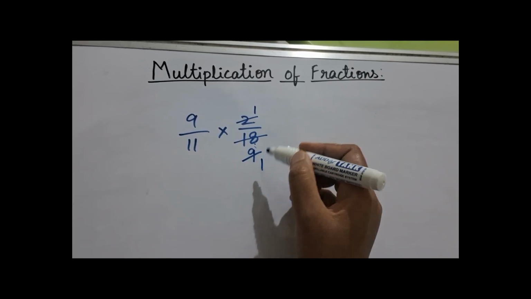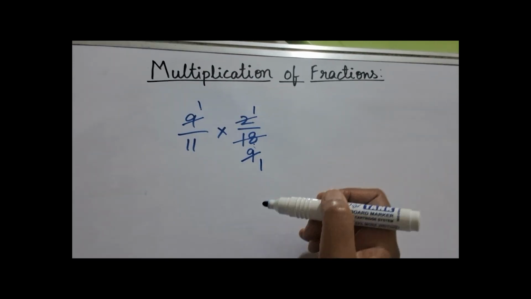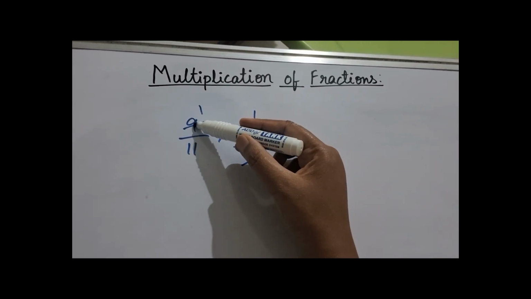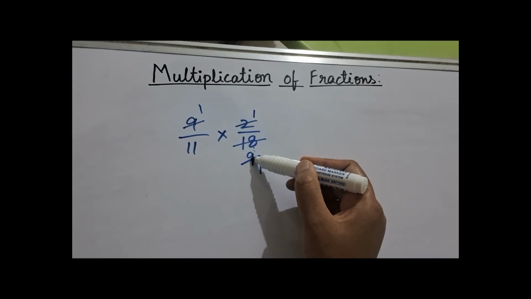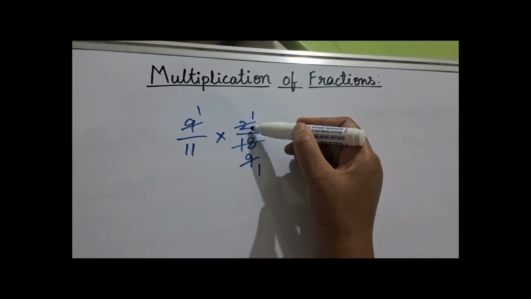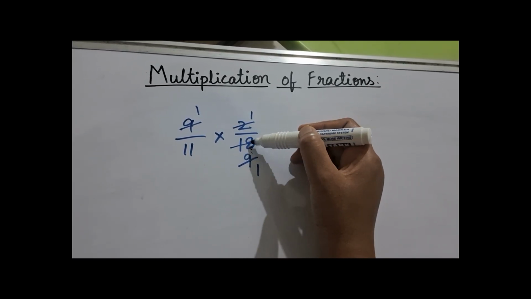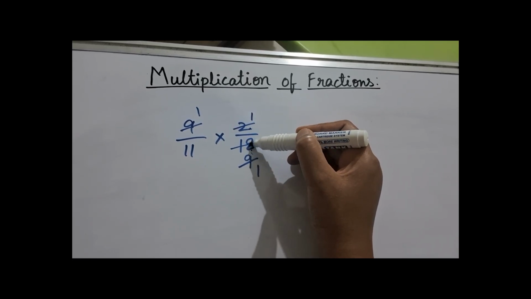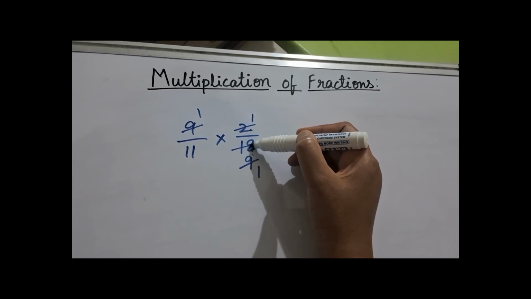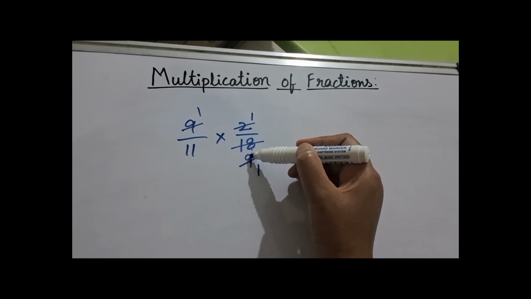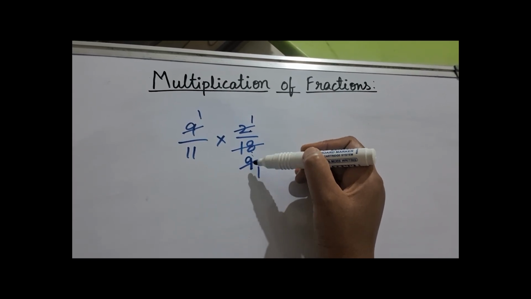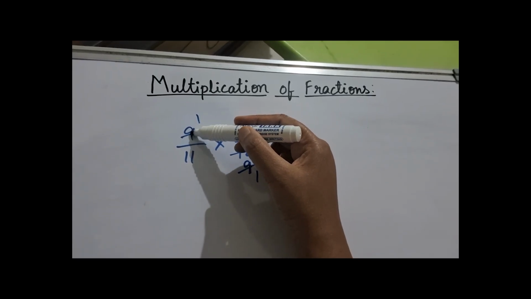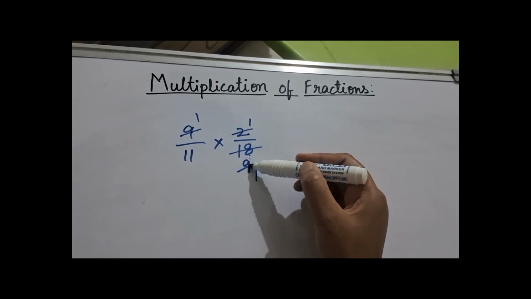And 9 ones are, 9 ones are, like this. That means one numerator we are cancelling with one denominator. Here first we have cancelled this numerator with this denominator. One numerator is cancelled by one denominator, and in this denominator place 9 was there, and again this 9 and this 9. Numerator 9 is cancelled with this denominator 9.